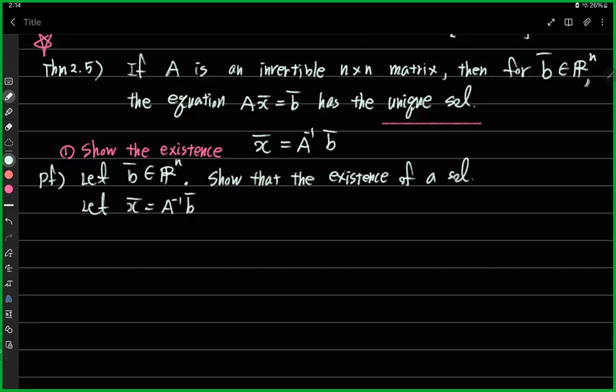Keep in mind, what are the assumptions? When you prove a theorem, you have to take advantage of the assumptions of the theorem. A theorem always consists of assumptions, called the hypothesis, and conclusions. So right now, this is the assumption, right?